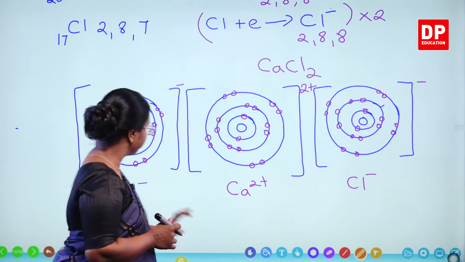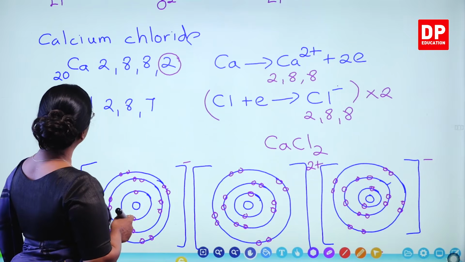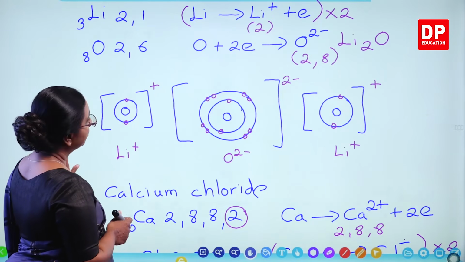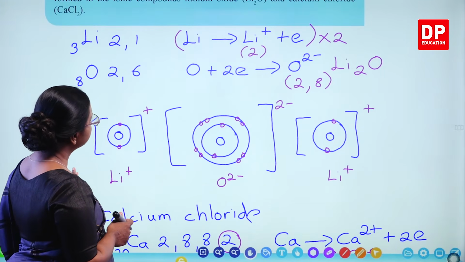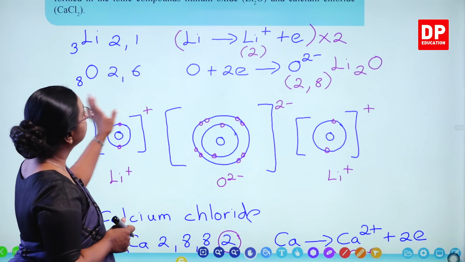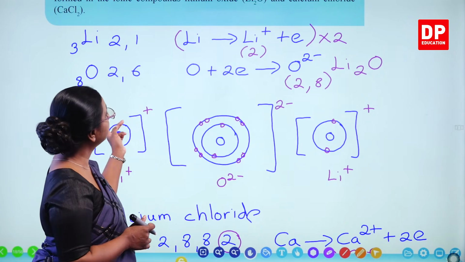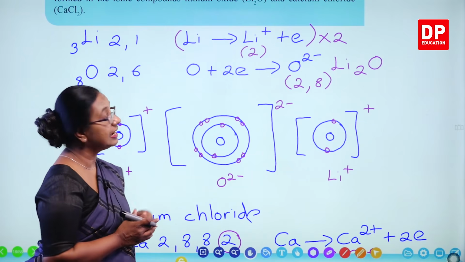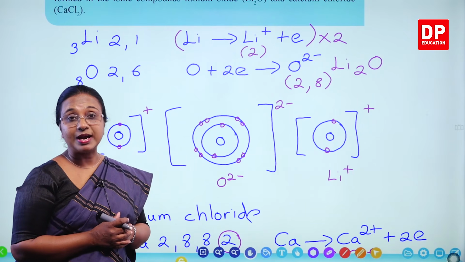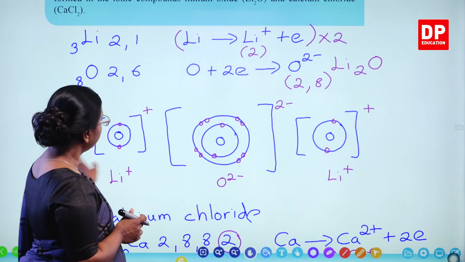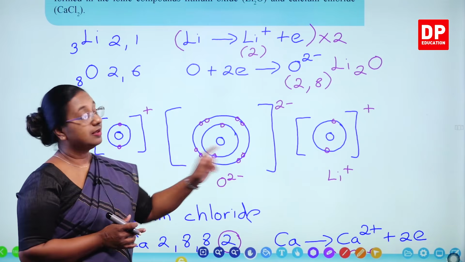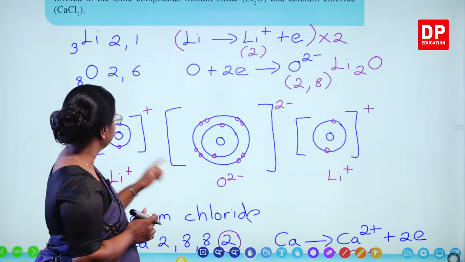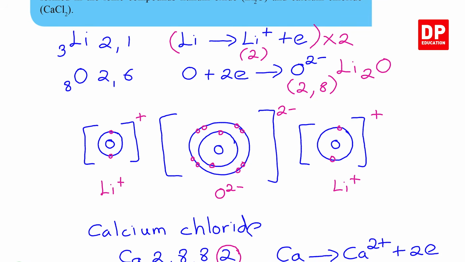So here I will just go back and show you all how we got the lithium oxide. You can see here, lithium loses an electron, oxygen gains 2 electrons. So lithium plus ion and oxygen O2 minus, oxide ion. So you represent the ionic compound like this, Li plus, O2 minus and Li plus there.